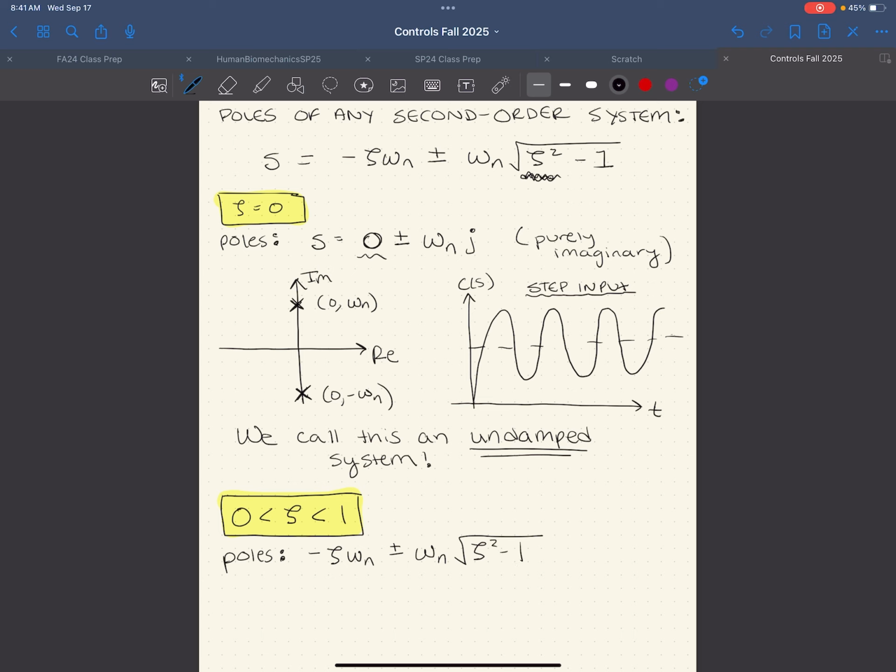Okay. In zeta squared, zeta itself is less than 1, so zeta squared is going to remain less than 1, which means that what happens under this root is always going to be negative.